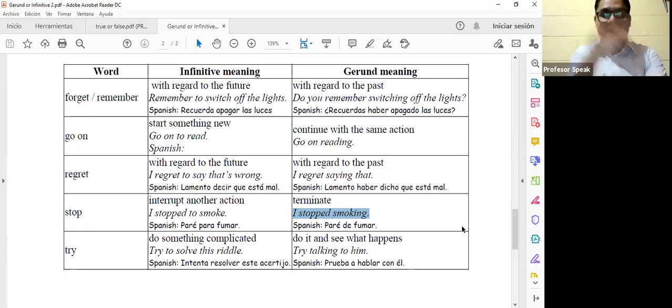Así lo entiendo yo. In that case, you use stop followed by an infinitive, because an action is interrupted by another action. But you use stop followed by a gerund when you say that you don't do that action anymore.